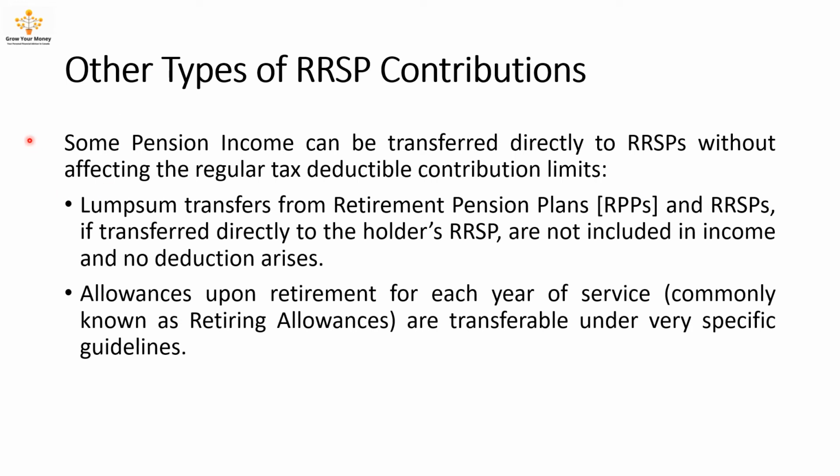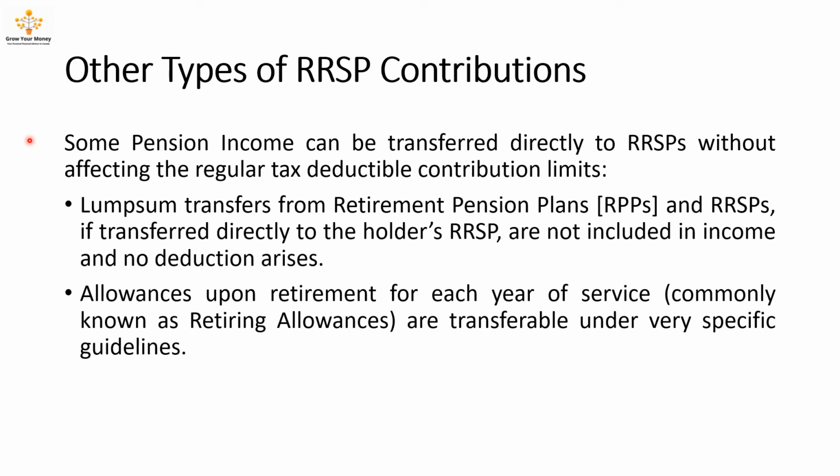So there are also certain other types of RRSP contributions which an investor should understand. Some pension income can be transferred directly to RRSPs without affecting the overall regular tax deductible contribution limits.